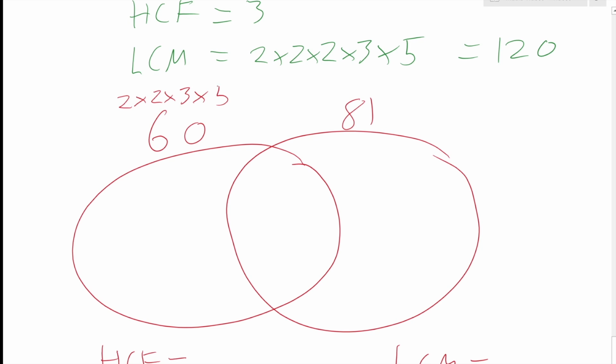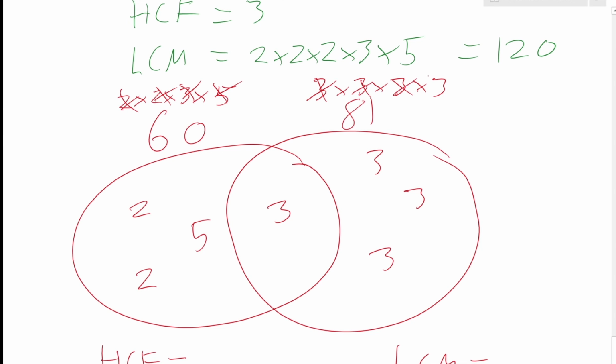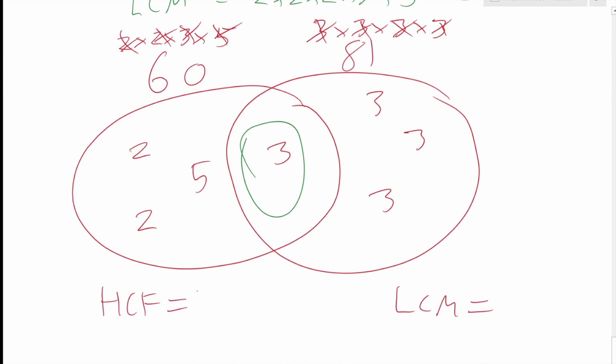Well, 60 is 2 times 2 times 3 times 5, and 81 is 3 times 3 times 3 times 3. Write that 3 a bit better. So, again, we fill in the middle. Both numbers have a 3, and that's all they have in common. So then on the left, we can put in our two 2s and our 5, and on the right, the other three 3s.